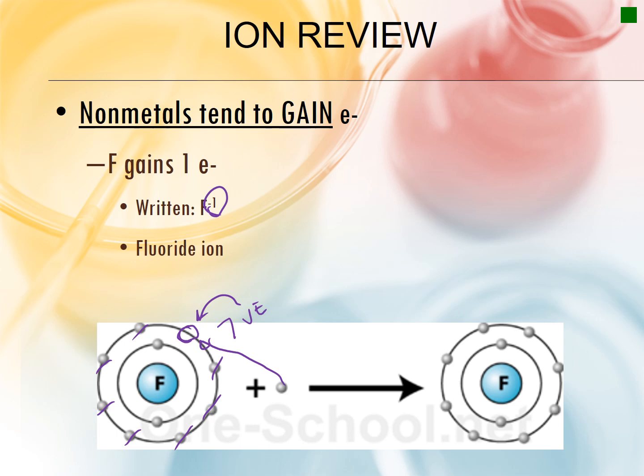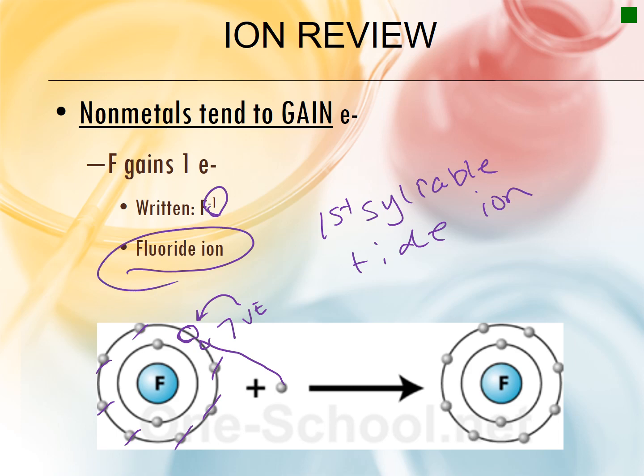So when you want to think of names, when you get a negative charge, you say the first syllable of that element plus "ide" ion. Okay, so fluorine becomes fluoride ion. That's where we get that fluoride ion.